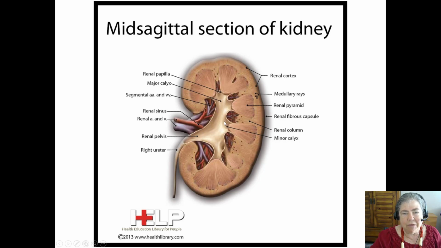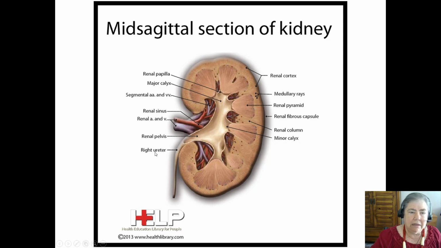So there are minor and major calyces. The renal pelvis then is the structure through which urine collects and enters the ureter, and from there goes to the bladder and eventually is eliminated to the outside. The extensions of cortex between the pyramids are called renal columns.